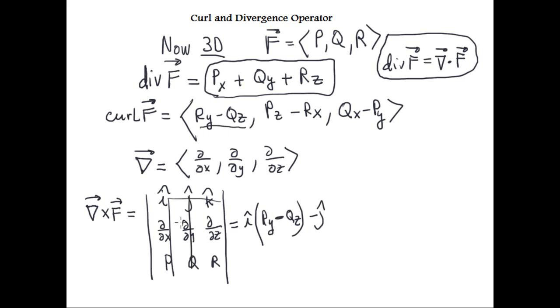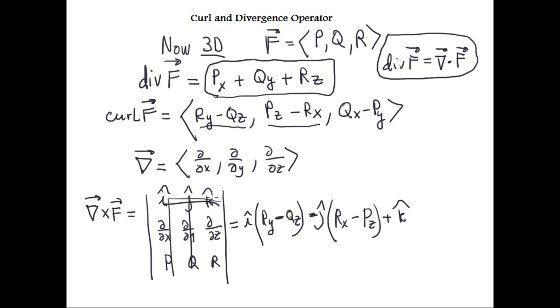Minus j, delete, delete. This is the partial derivative of R with respect to x minus the partial derivative of P with respect to z. Wow, this is weird because this is completely the opposite side to this, no? But you have a minus in front. Okay, so it's exactly the same. Finally, plus k.